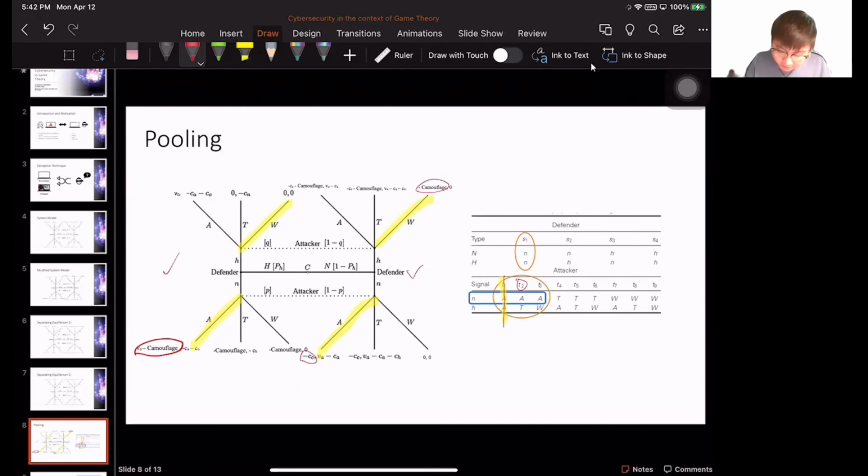And minus camouflage is actually greater than minus CC. Therefore, this branch is not stable. We can get rid of T3. And you can do the same thing for T4, T5, all the way to T9. And you'll find that only T2 in this case will be a potential candidate for the equilibrium to happen.